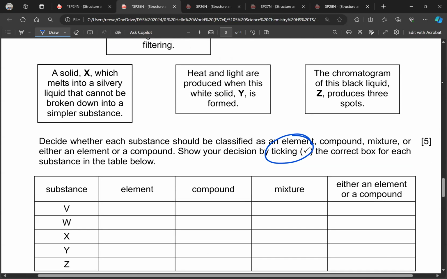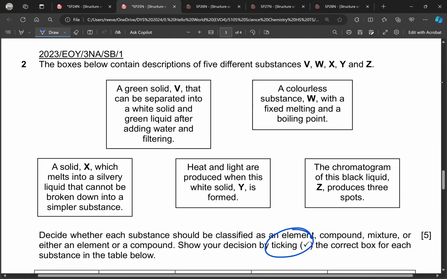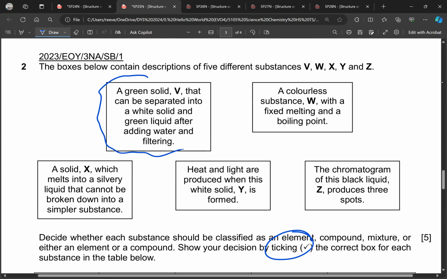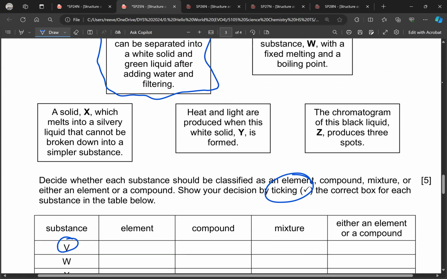The first one, I want V. You look at the story here. Do you know is it an element, compound, mixture, or better still, it can be an element or it can be a compound. You don't know.